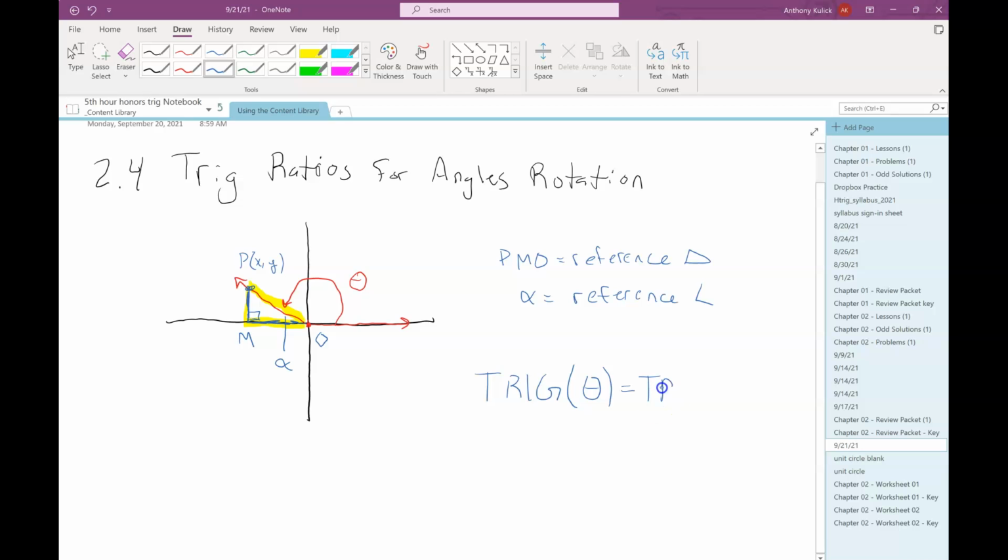So sine, cosine, tangent, etc. of theta is going to be basically the same thing as sine, cosine, tangent, etc. of alpha. Now I put a little asterisk there because there could be some sign difference going on here, but we'll show you how we account for that sign difference here in a few minutes. When I say sign, I mean S-I-G-N.